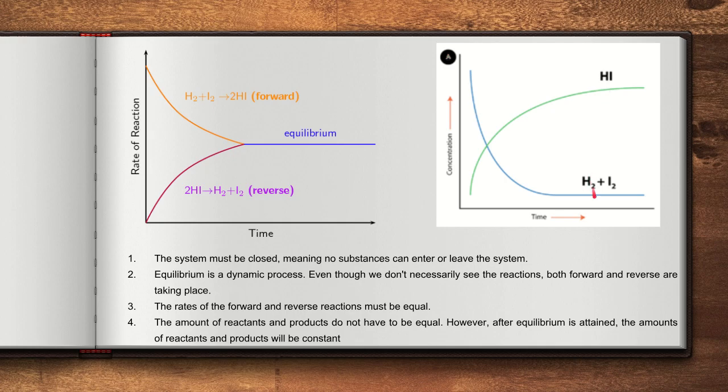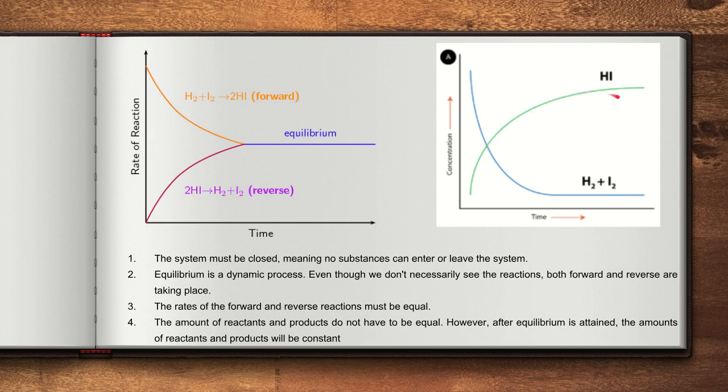Actually, we don't have exactly the same concentration. We end up with equilibrium shifted very much to the right-hand side. So we are making way more products than we had reactants to start off with.